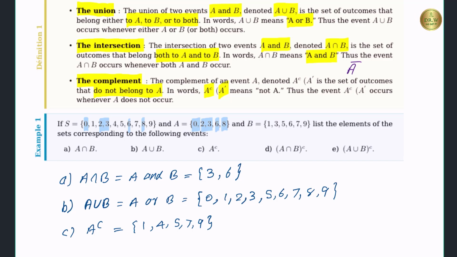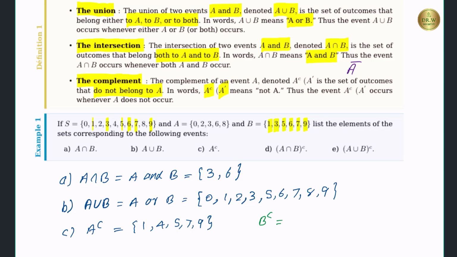Now let me explain the complement of B. First consider the elements of B. The elements are 1, 3, 5, 6, 7, 9. Now we can write the complement. What is the B complement?